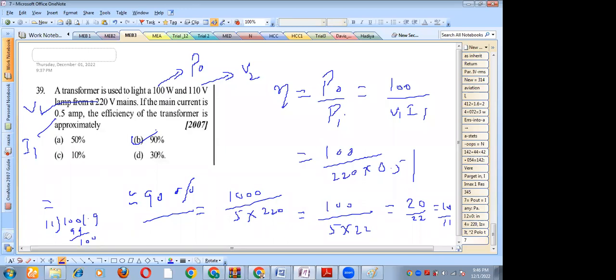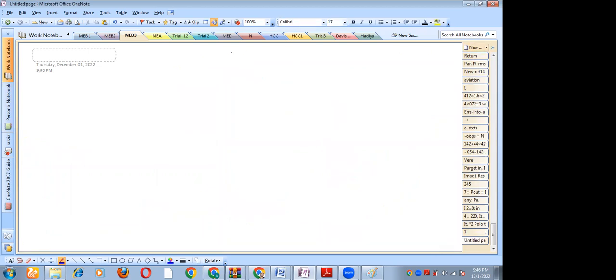The transformer can light a 100-watt bulb, means its secondary is connected. Generally secondary is connected to the output, right? So here basically the secondary is connected with the bulb, and the output of secondary will be same as output of the bulb.